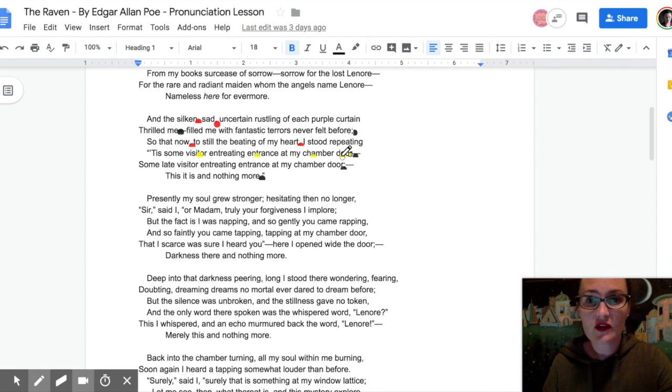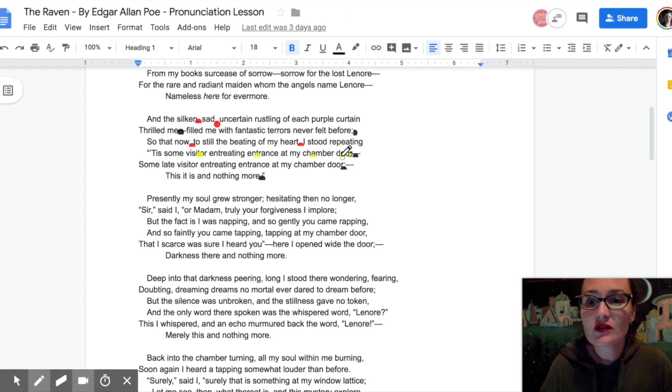Remember, the words that you want to emphasize would be words like nouns and verbs. These are important, meaningful words within a sentence. So let's do that one more time to get a good sense of the rhythm, and then we're going to move to the next stanza.